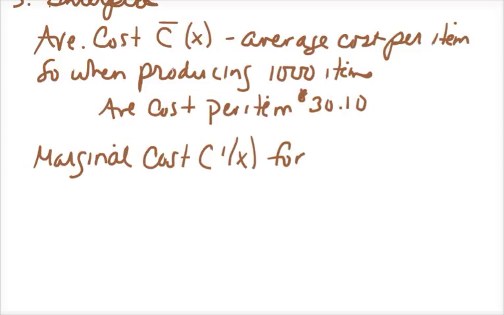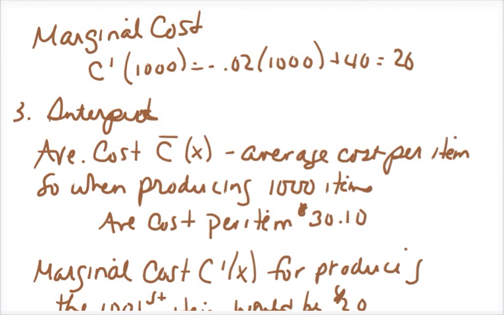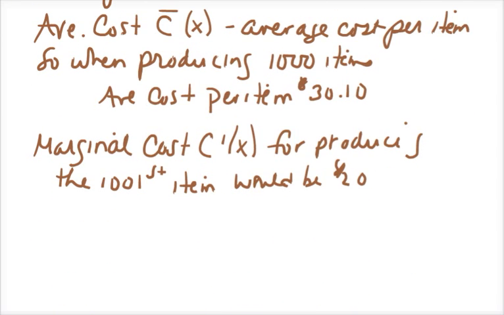So the marginal cost for producing the very next one, in this case the 1,001st item, would be $20. Okay, from back up here, this marginal cost was 20, and that's how you interpret it. The marginal cost for producing the next item after your set production rate. So the next item, the 1,001st item, would be $20.